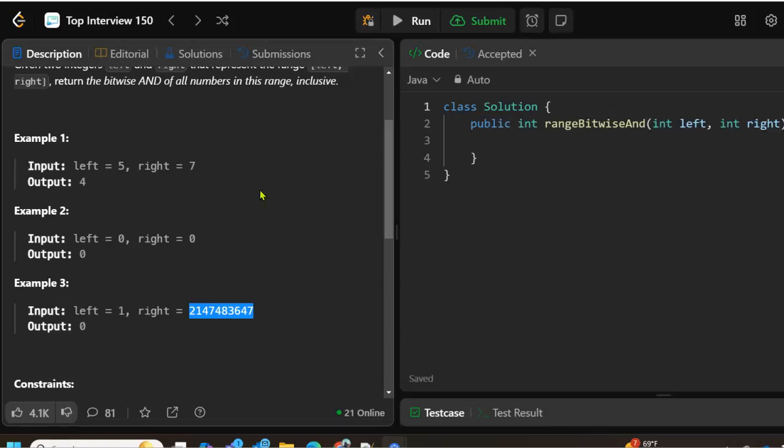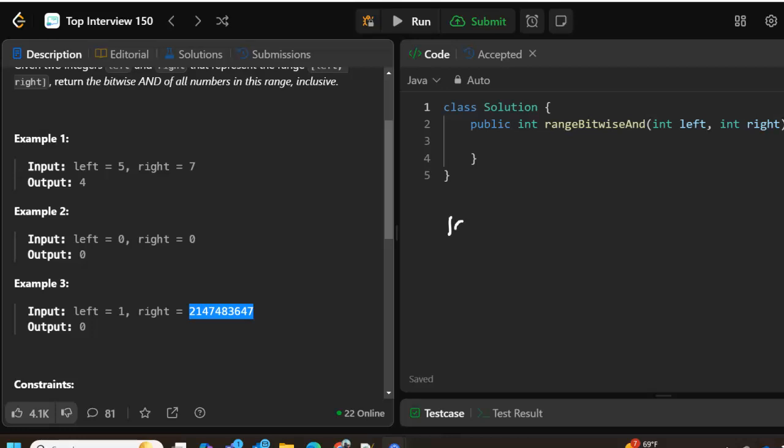None of these examples are very interesting, so let's use 10 and 15. First of all, let's see what the answer is if we AND all of those.